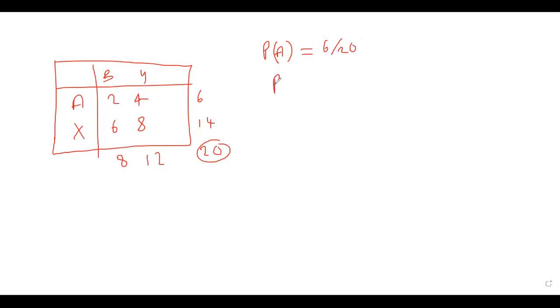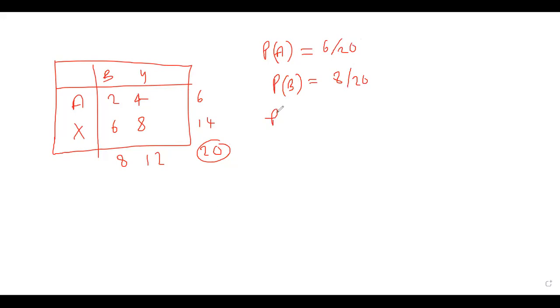The probability of B would be 8/20, because it is the total for B over the grand total.